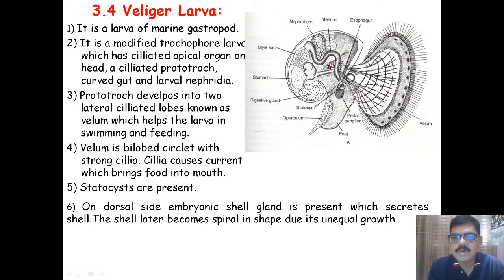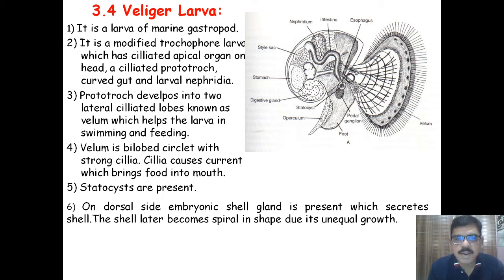Then it has this curved gut and the larval nephridia. So basically this veliger larva is of mollusca, and in mollusca it is a larva of the gastropoda.